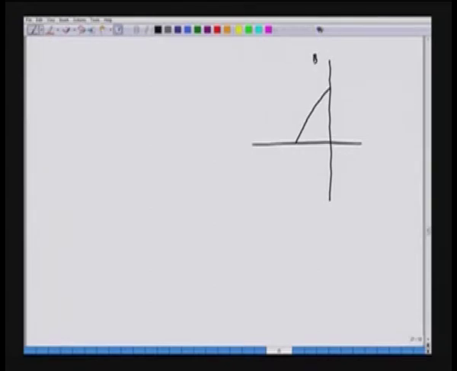This is B and this is H. So, this is our permeance line and this is the operating point, Bi, and this is Hi and this is 0, the origin. Now, this point B is positive and Hi is negative.